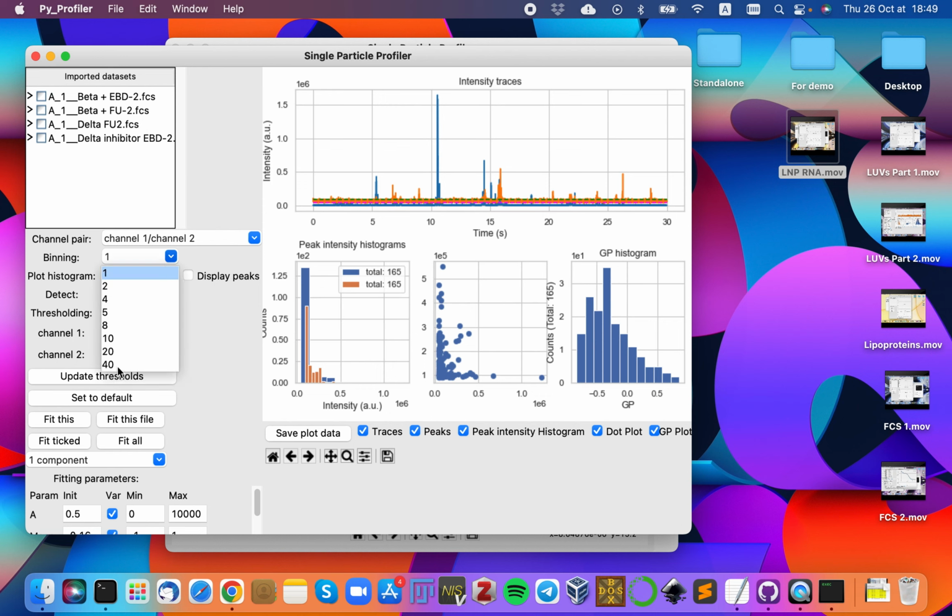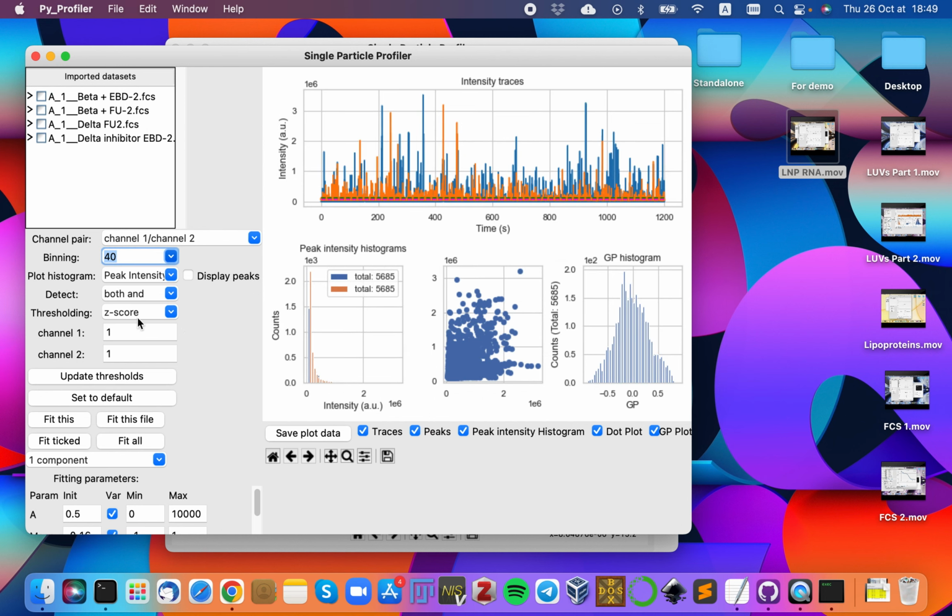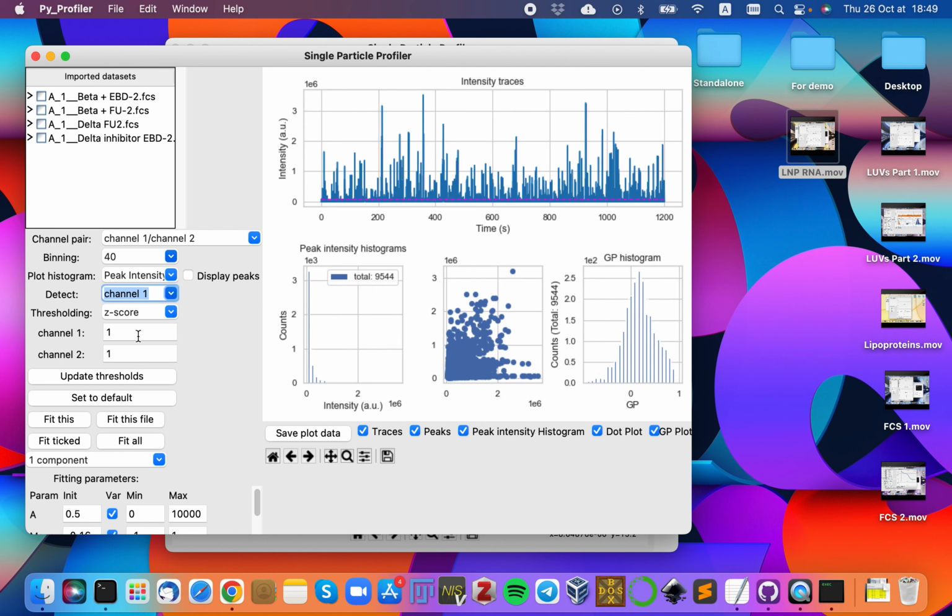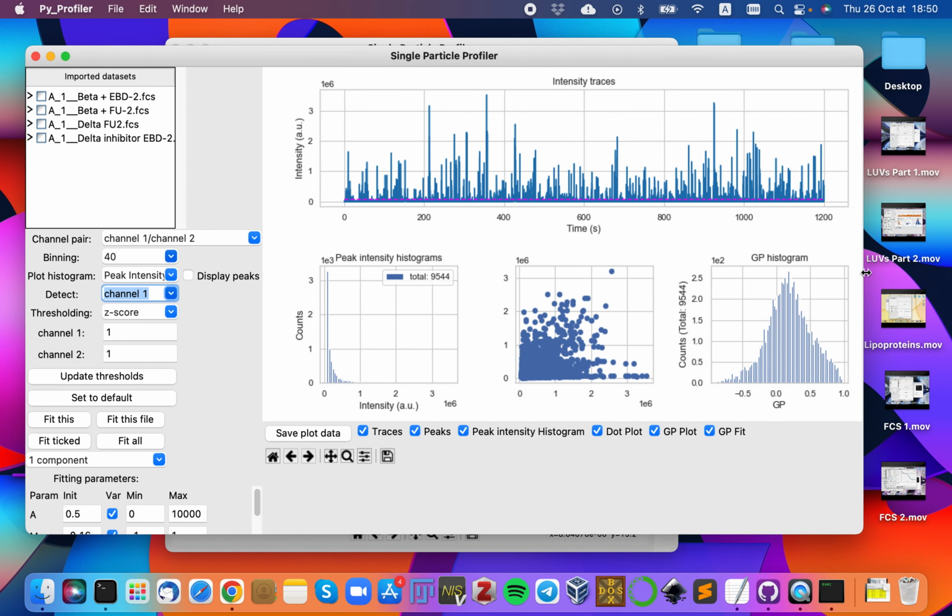Yeah, I would start again with binning everything together. And here I will go again detect by channel 1. In this case, channel 1 is GFP, which is within the viral particles. And channel 2 would be the fluorescence of the nanobody.